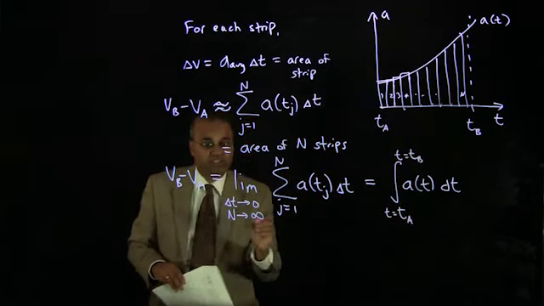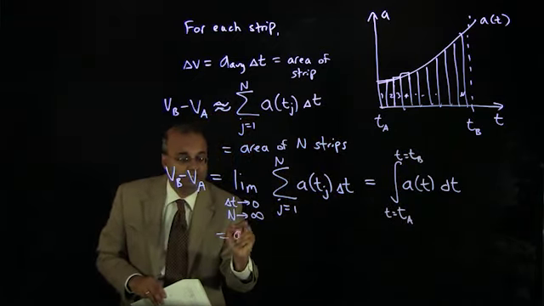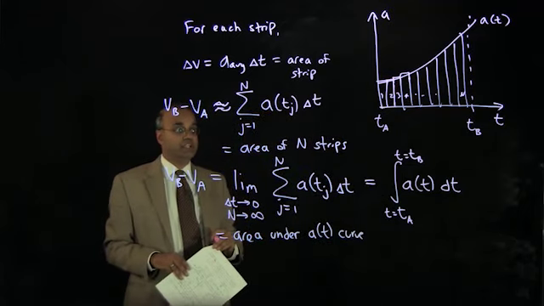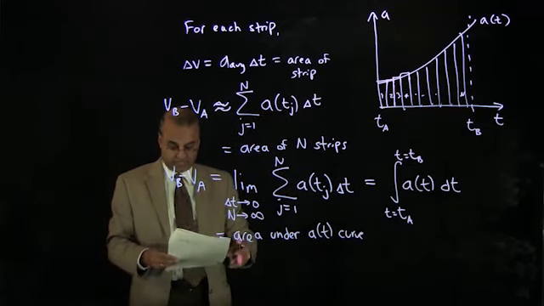And this is the area under the a of t curve, the exact area, not the approximate area, but the exact area under the a of t curve over the interval from t sub a to t sub b.